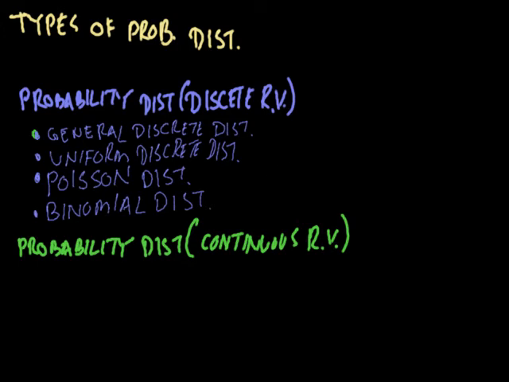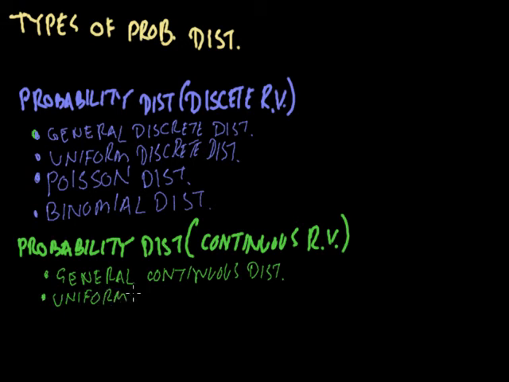Now let's talk about the probability distribution with continuous random variable. So first of all, we have similarly a general continuous distribution, which is an overview of everything, and we have a uniform continuous distribution, which is also where all the probabilities are equal.